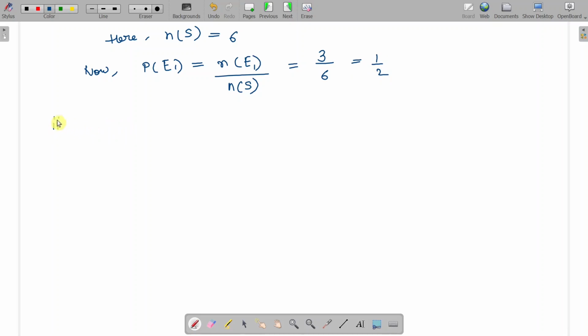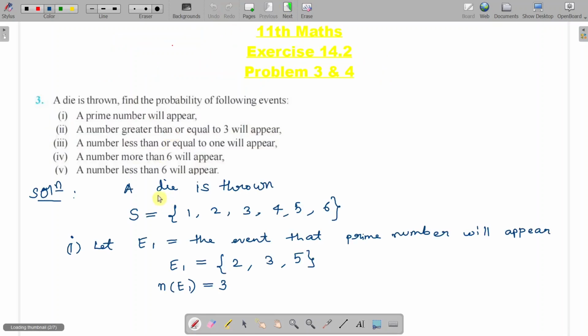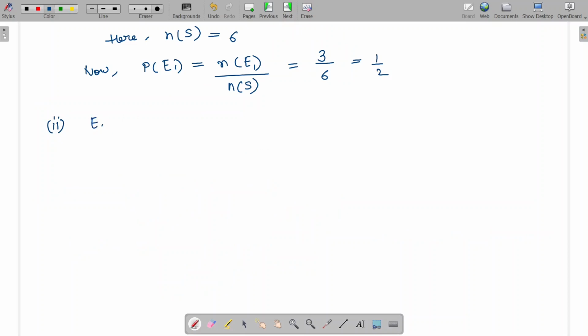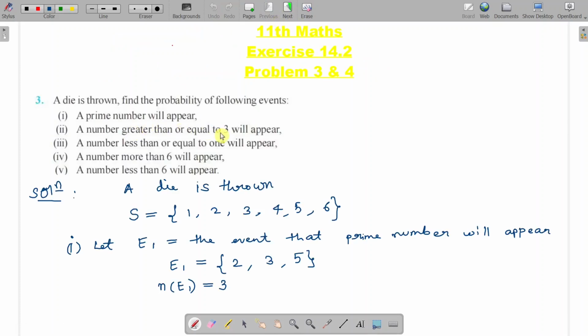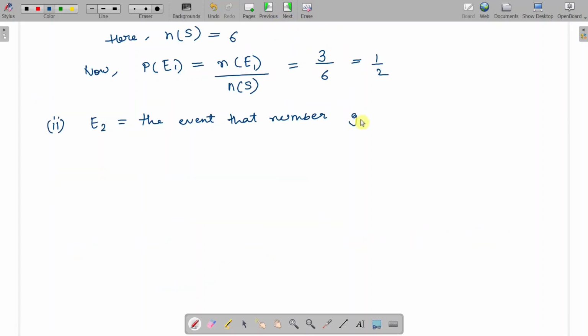Now let us consider the second event. Second event is what? A number greater than or equal to 3 will appear, right? So E2 is the event that a number greater than or equal to 3 will appear.